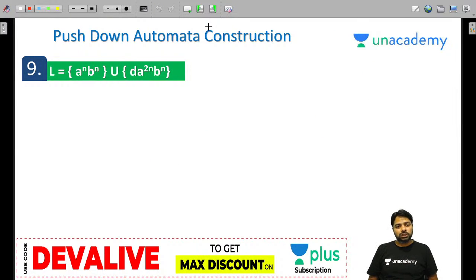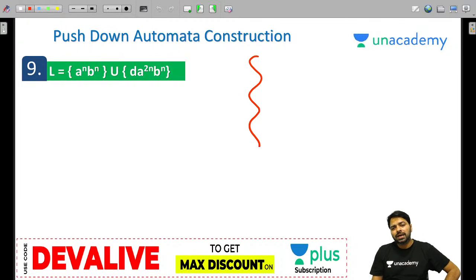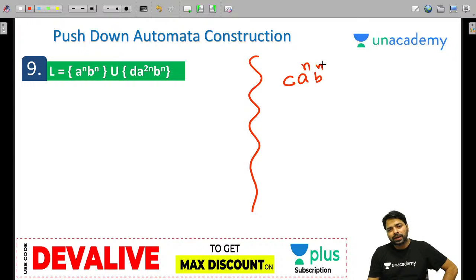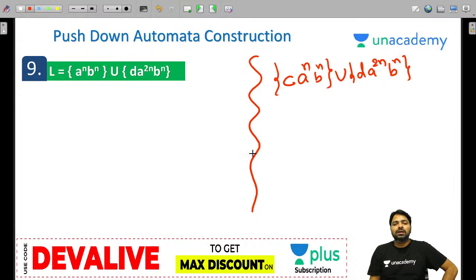Fine. Next one. In the previous session we have designed some problem. Did you remember that? In the previous session, c a power n b power n, union. Did you remember this? If the first symbol is c, your logic belongs to this one only.